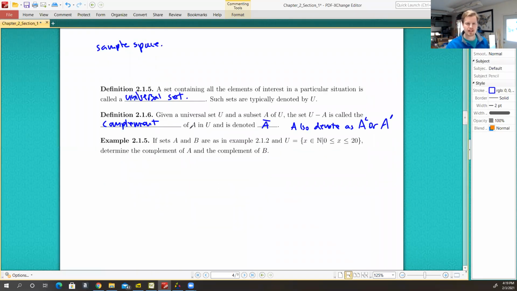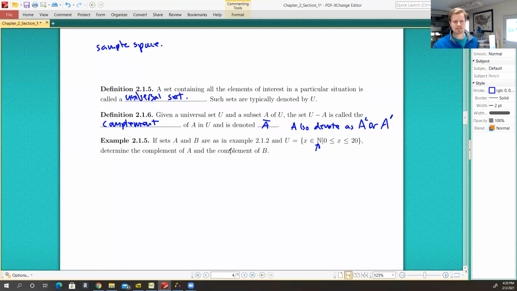So if we, again, use the sets A and B as we used previously, the multiples of 2 and the multiples of 3 between 0 and 20, not including 0 or 20, let's let the universal set be all of the natural numbers between 0 and 20. Here we're using the definition that the natural numbers do include 0. Some books do not include 0 in the natural numbers. So we're including 0 here.